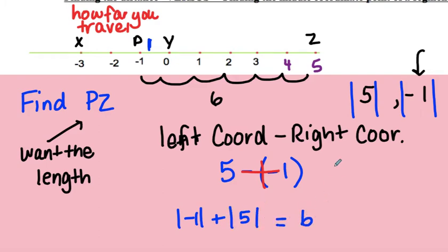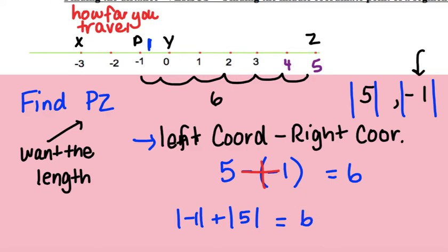And that would also be a way to get 6. The reason I don't want you always counting is because what if I give you big numbers like 50 and 72? So a quick way, left coordinate minus right coordinate, will always give you a positive number. Or take the absolute value of the endpoints and add them together.